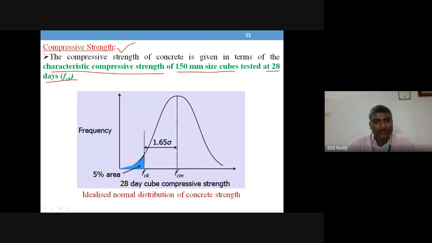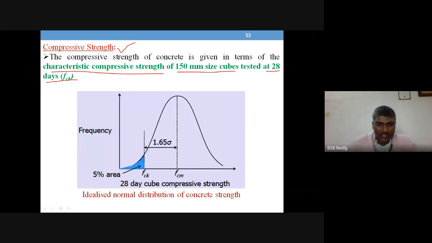You know this very well from your previous lessons, like concrete technology, or design of reinforced concrete structures.